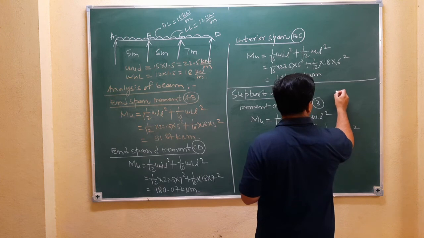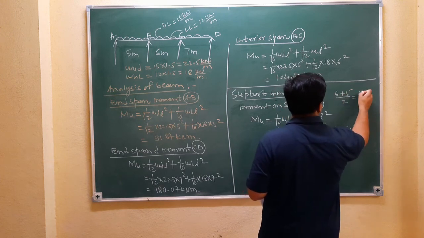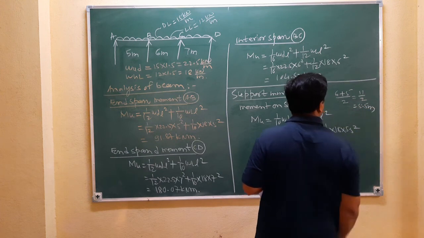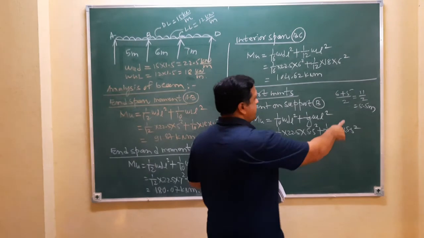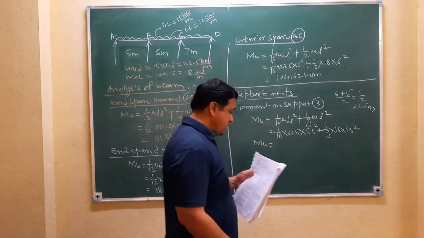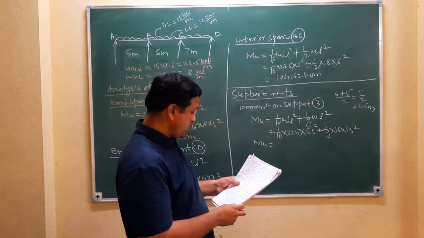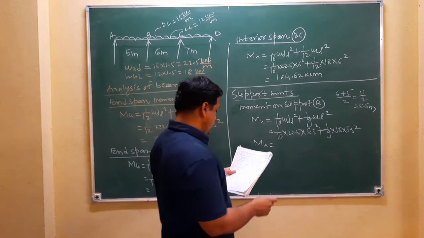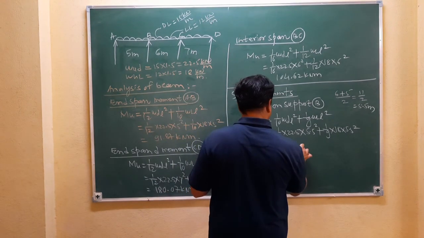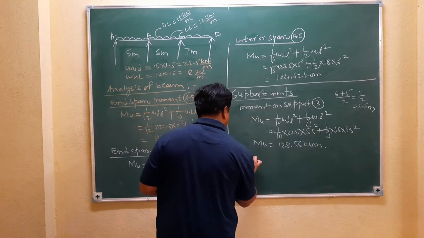The average span is 6 plus 5 divided by 2, it is 11 by 2, which is 5.5 meter. This average value you have to put here. I have already calculated this value to save time. Next to end support B, it is 128.56 kilonewton meter.